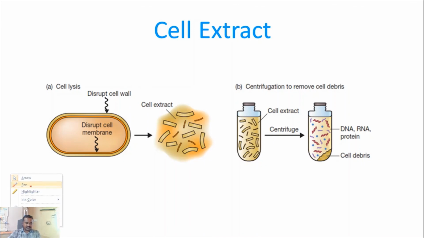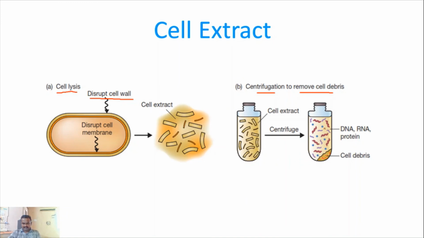Here I clearly mention in diagrammatic form, this is the cell lysis process. So we disturb the cell wall by using physical or chemical methods. So finally the cell becomes a cell-free system. Yes. Once the cell-free system is subjected to centrifugation to remove the cell debris, the largest cell debris is deposited at the bottom.